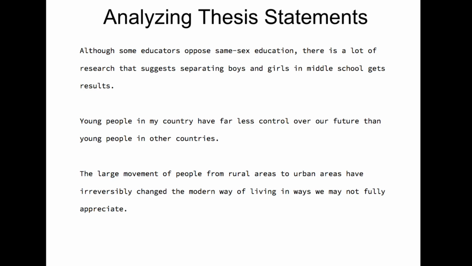Okay, so just reading that, we know what's coming in the essay. So young people in my country have far less control over our future than young people in other countries. Okay, great. We know what is coming in those paragraphs. The large movement of people from rural areas to urban areas have irreversibly changed the modern way of living in ways that we may not fully appreciate.